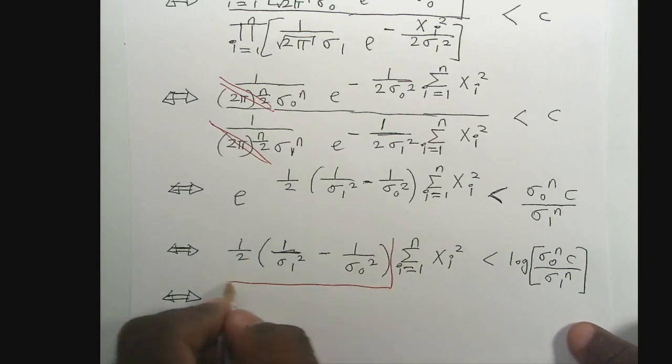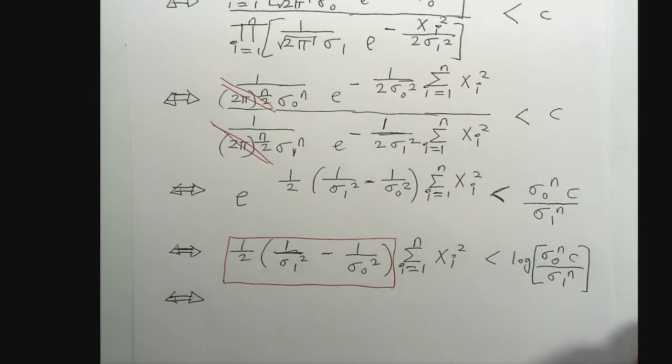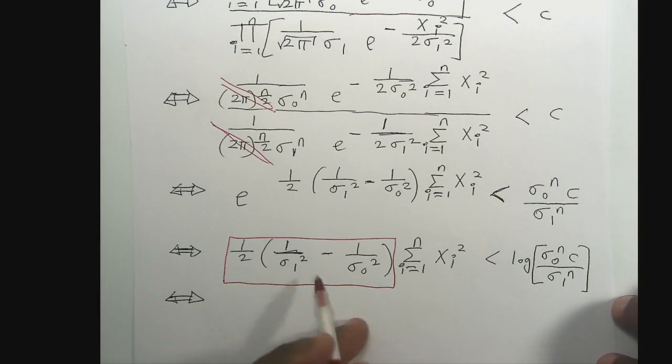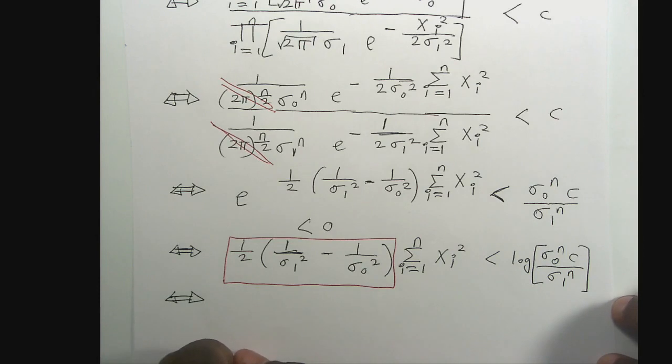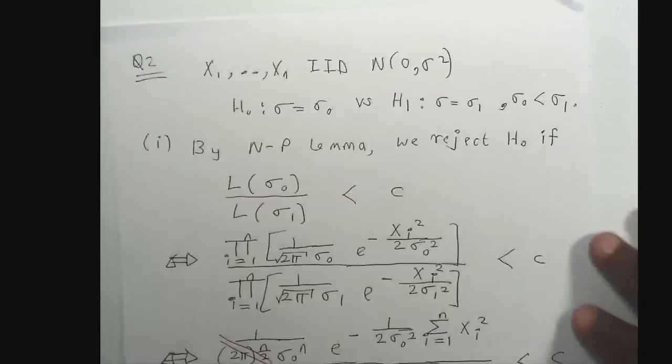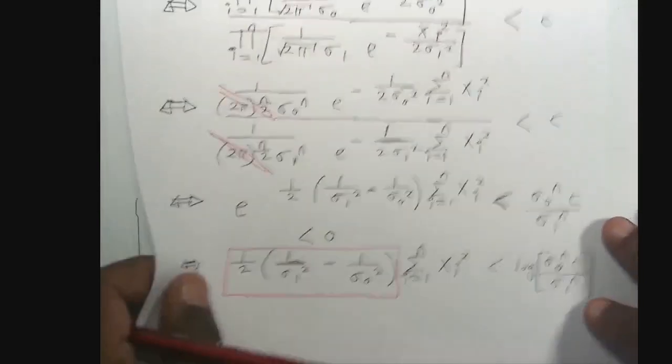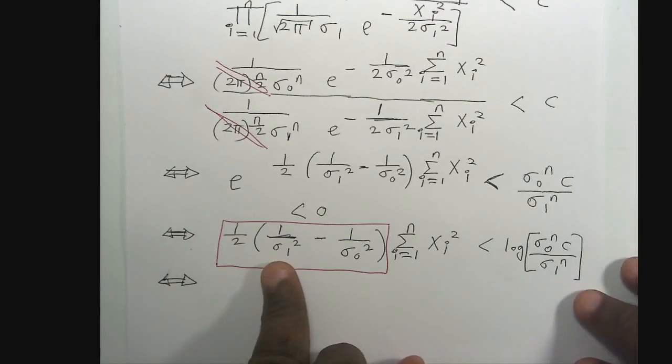Now, before you divide an inequality, you must make sure of the sign of this factor. Now, this factor here is less than 0. Can you see why? This factor is less than 0 because sigma 0 is less than sigma 1, right? So this factor is a negative number.